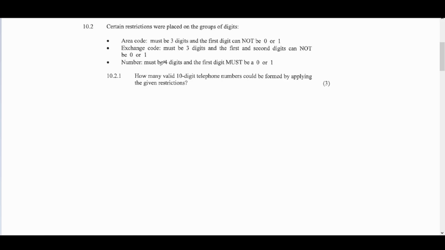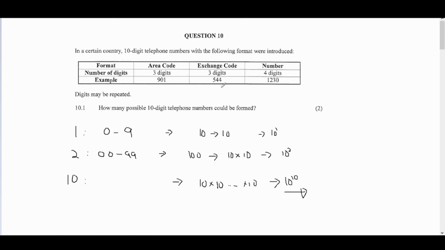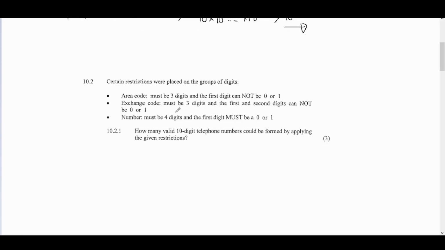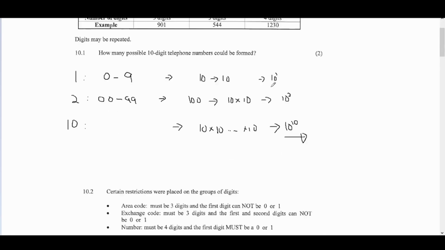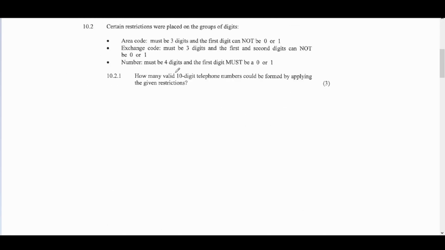The exchange code, the second 3 numbers, must be 3 numbers, and the first and second digits cannot be 0 or 1. That's very similar to the area code, except instead of only the first digit, it's the first and second digits. Then the number, our third group, must be 4 digits, and the first digit must be 0 or 1.